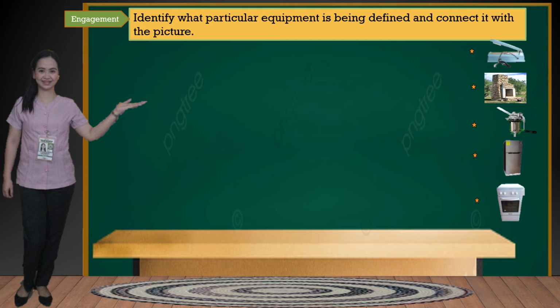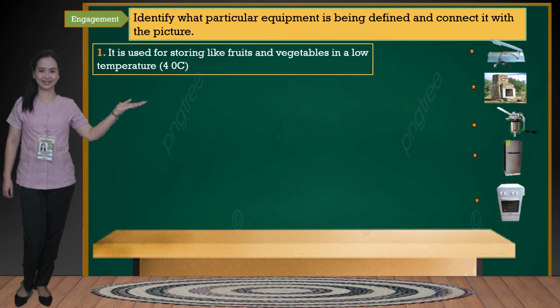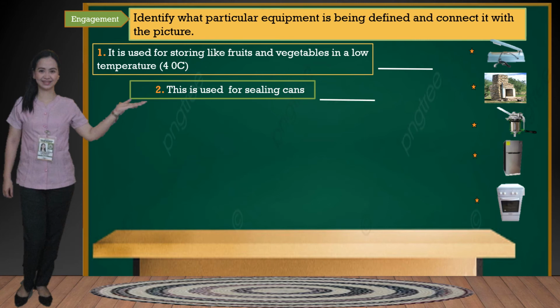In this part, you're going to identify what particular equipment is being defined and connect it with the picture. In number 1, it is used for storing like fruits and vegetables in a low temperature that is 4 degrees Celsius. In number 2, this is used for sealing cans.